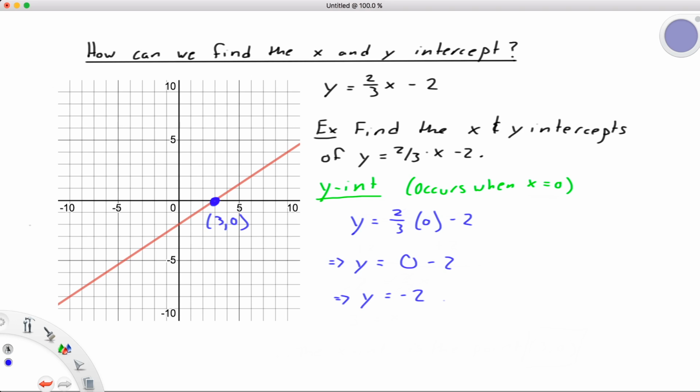So now we know that the y-intercept is going to occur when y is equal to -2. We also know it occurs when x is equal to 0, so we can say, therefore, the y-intercept is (0, -2). And we see that reflected on our graph as well, right? We're 0 units left and right, and we're 2 units down, so this is the point (0, -2).